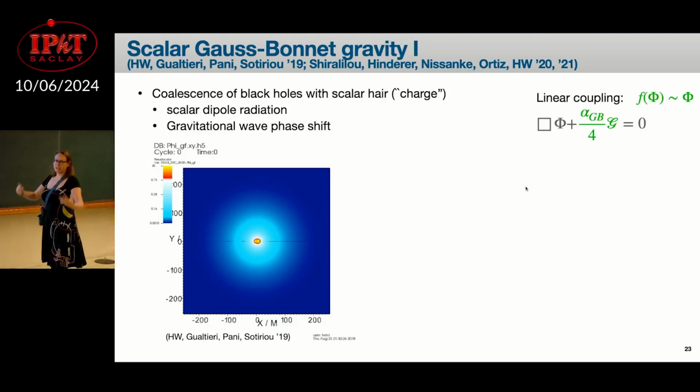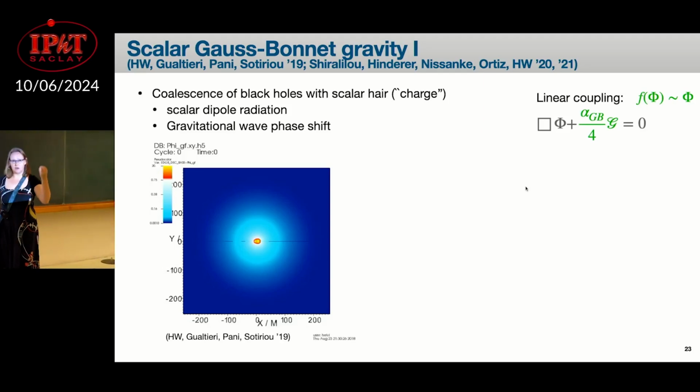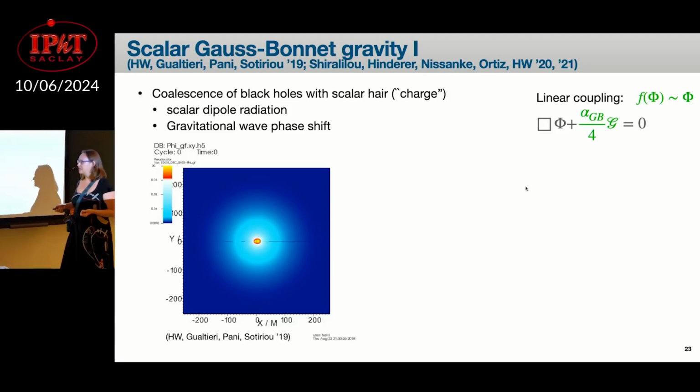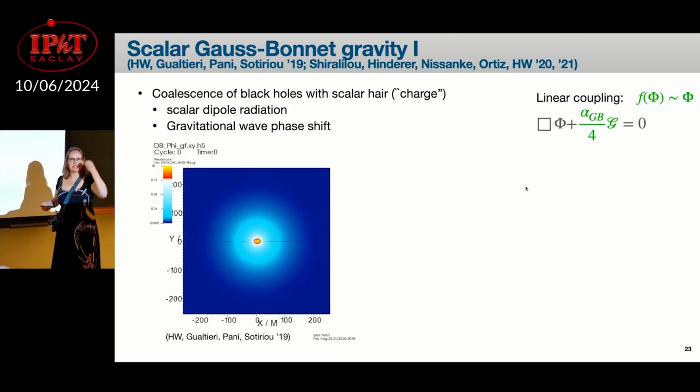And again, what you get is black holes that now really have scalar hair. So what we're seeing here on the left is the amplitude of the scalar field in the equatorial plane. And these bulges or maxima here indicate the scalar charge, larger scalar charge around the smaller mass, higher curvature black hole.